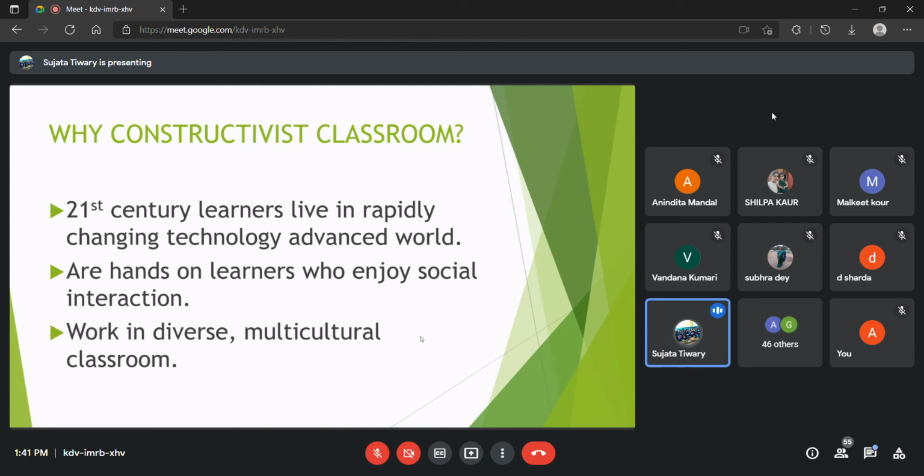So it is very important that we use this constructivism in our classroom, or we make the constructivist classroom. By doing this, what happens? We are engaging them. They are actively participating. They are equally engaged in the teaching learning process.